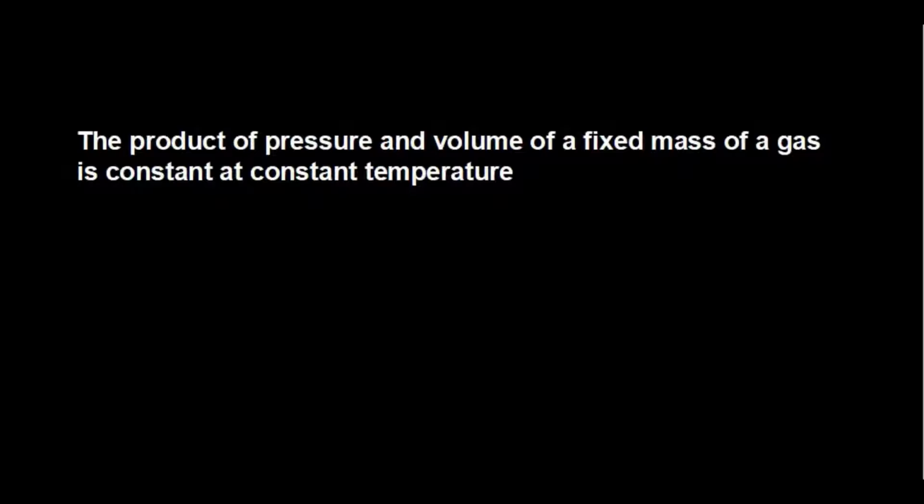If P1V1 is equal to K, where P1 is the initial pressure while V1 is the initial volume, it means the product of initial pressure and initial volume is a constant quantity at a given temperature.